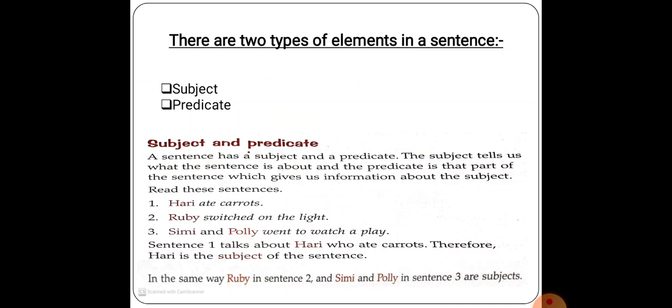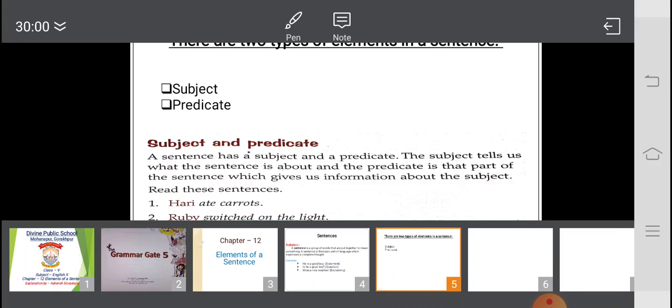He ate carrots. So sentence 1 talks about Hari, who ate carrots. Therefore, Hari is the subject of the sentence. In the same way, Ruby in sentence 2 and Simi and Polly in sentence 3 are subjects.